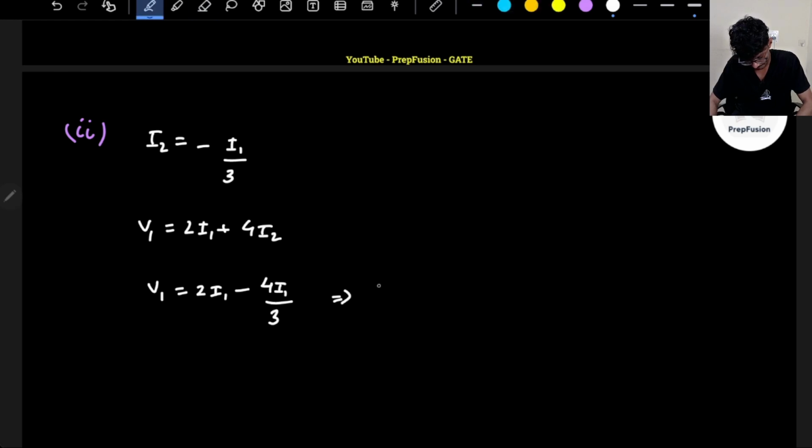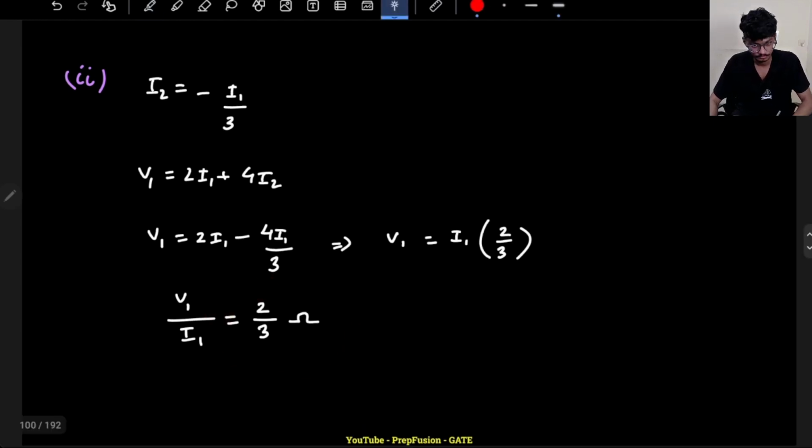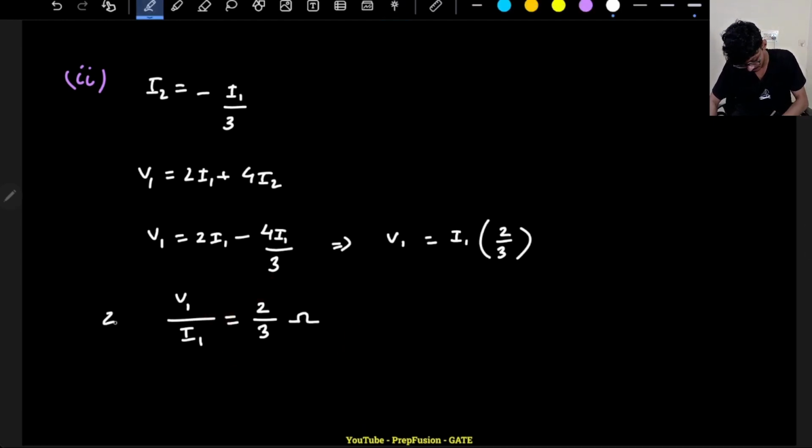So V1 by I1 is 2 by 3 ohms. So this will be the answer, V1 by I1 is 2 by 3, that is the input impedance Zin, which will be 2 by 3.